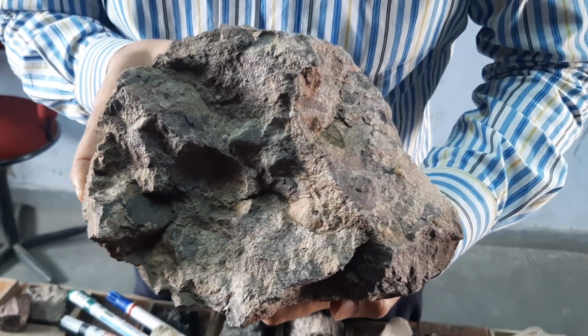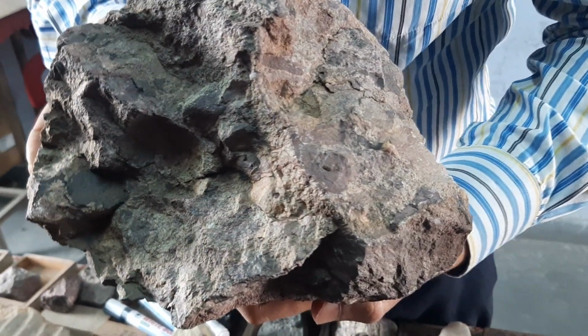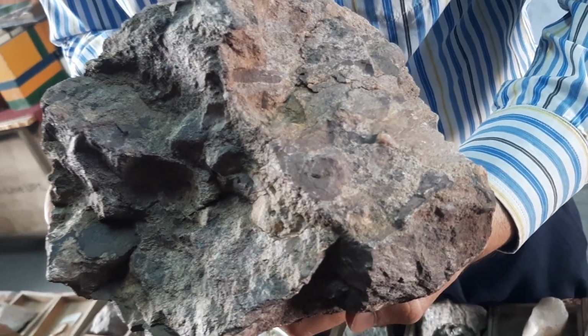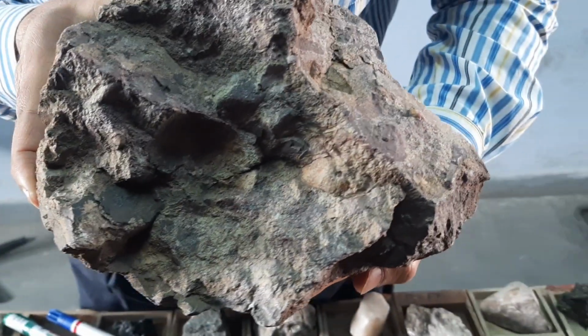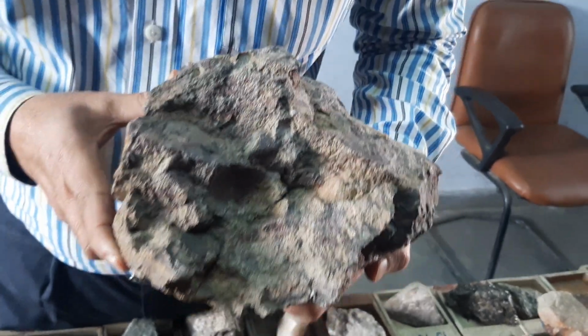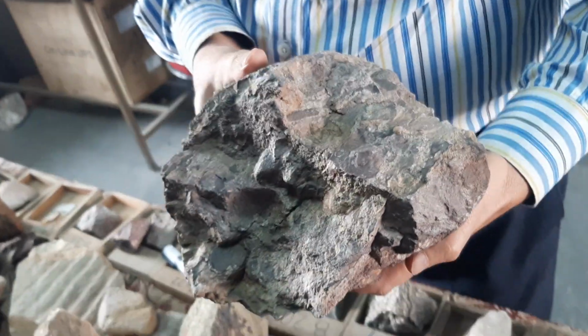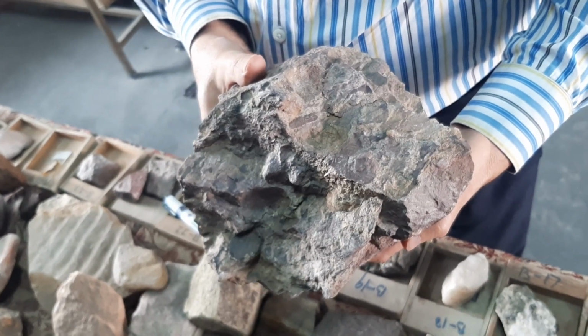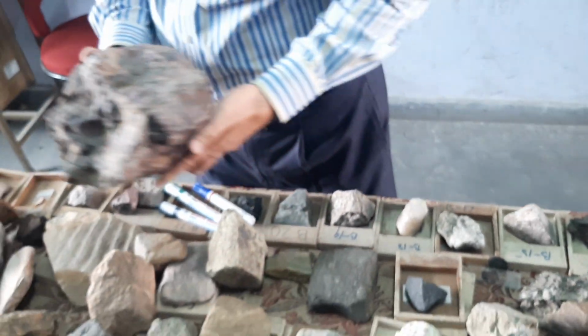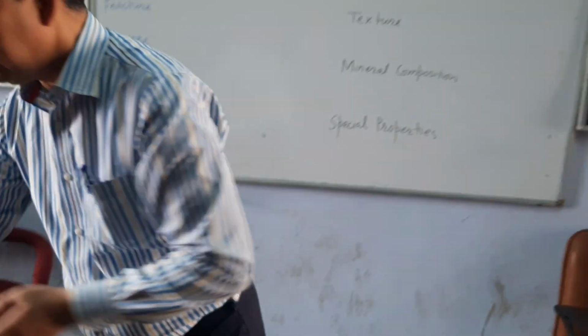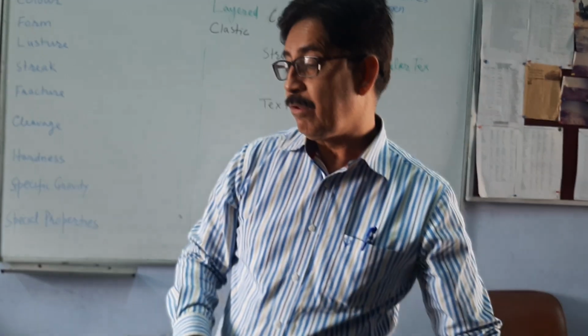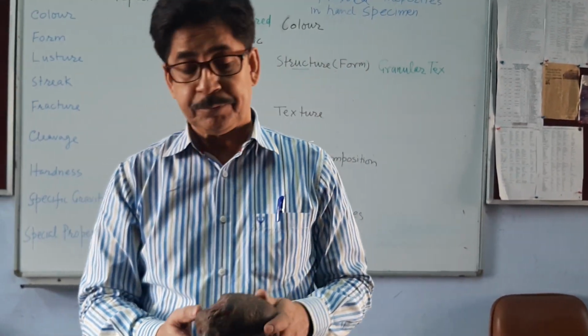This is a conglomerate almost 2000 million years old from the Aravalli Hills, which I collected from a place called Bayana in Bharatpur. So this is a conglomerate. I can show you another piece of conglomerate. This sample I have got broken from the rock and brought.